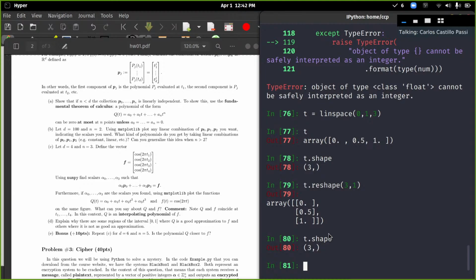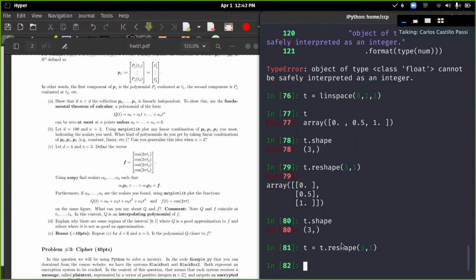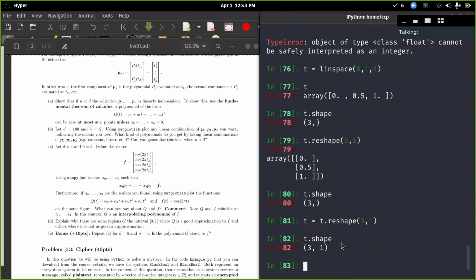Oh, sorry, I didn't save the vector. T equals to t. Okay, so now the size is 3, 1. So basically you can reshape the vector however you want, with the restriction that the new vector needs to have the same number of elements as the previous one.